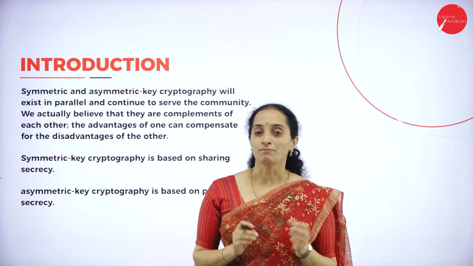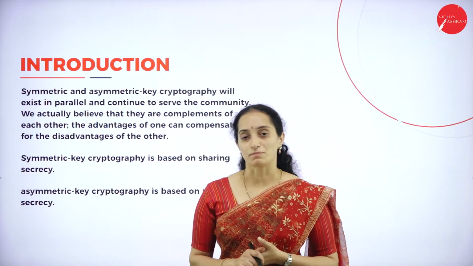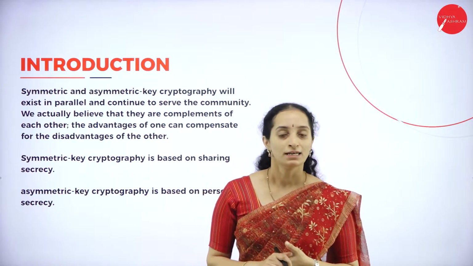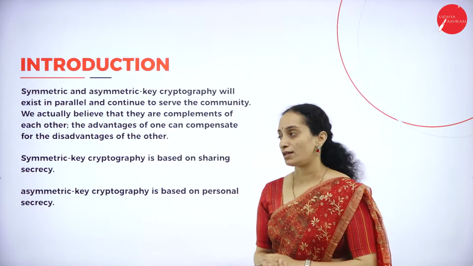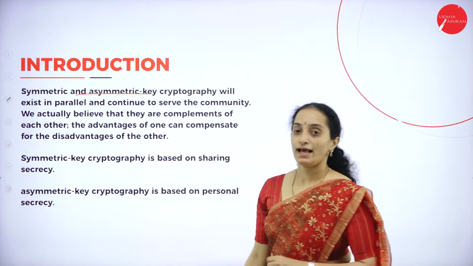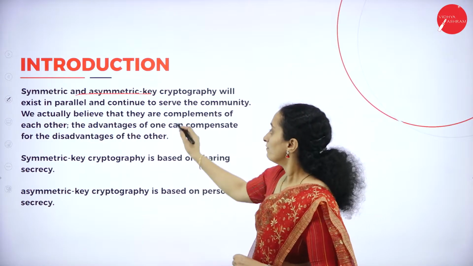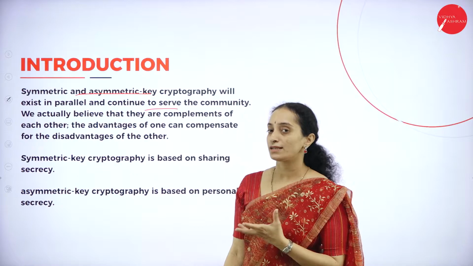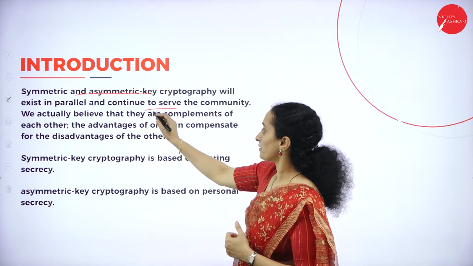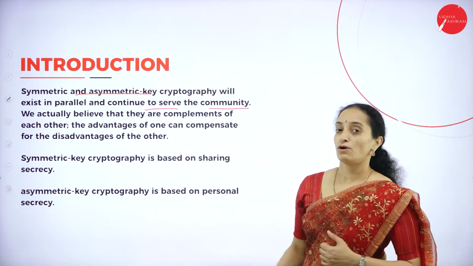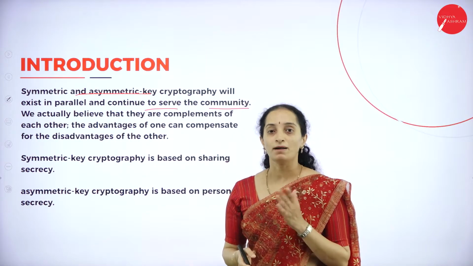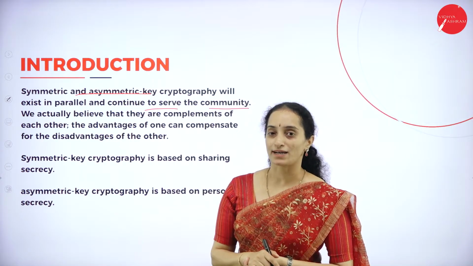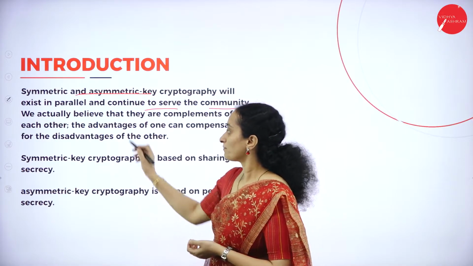Okay, let's see how these cryptographic methods will be implemented in the network security model. The symmetric and asymmetric key cryptography will usually exist in parallel. We use both the symmetric and asymmetric key type of cryptography and will always serve the community by protecting the data to be transmitted over the network.